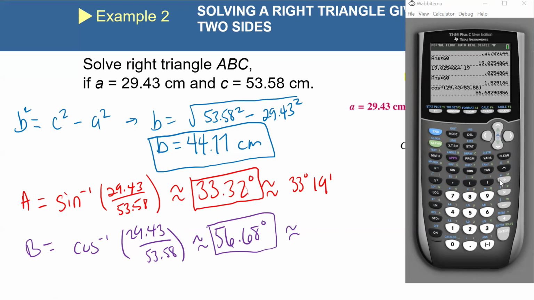So if I wanted to do it, I'm going to subtract the 56, and I'm left with those numbers, and I'm going to multiply them by 60. You could subtract this from 90. Yes, in theory, but we're encouraging you to always use the given information, not your calculated information.